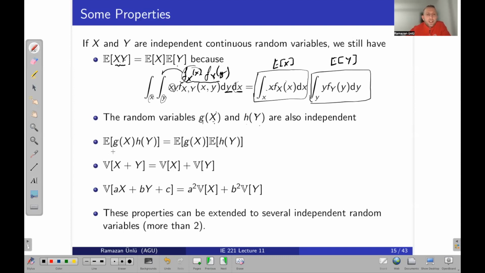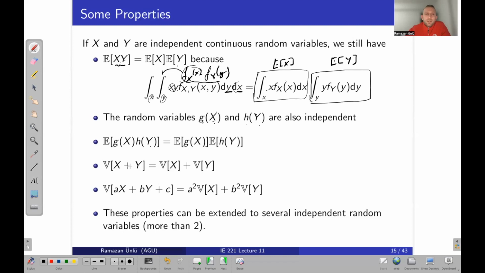And the expected value of the product of those two functions is equal to the product of the individual expectations. So the expected value of G of X times H of Y will be equal to the expected value of G of X times the expected value of H of Y.